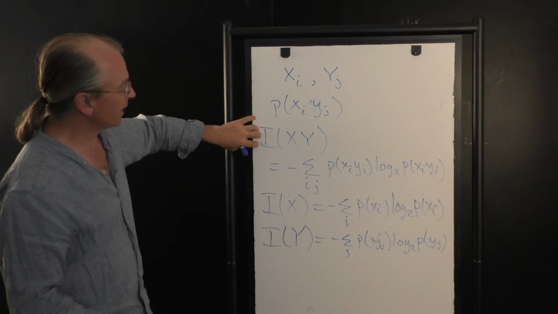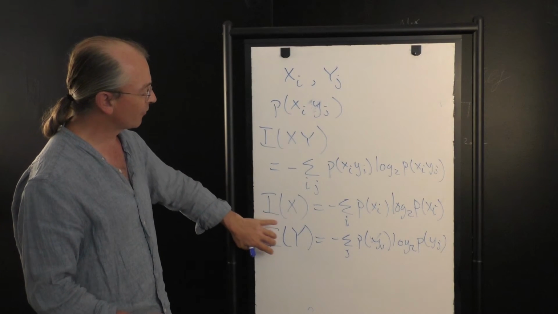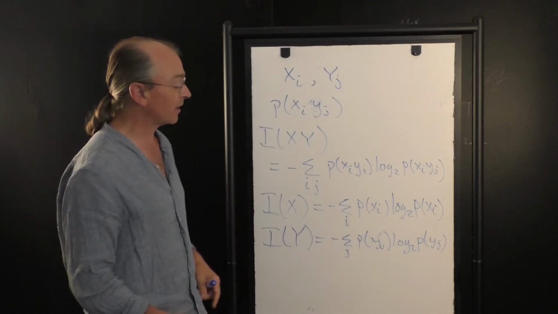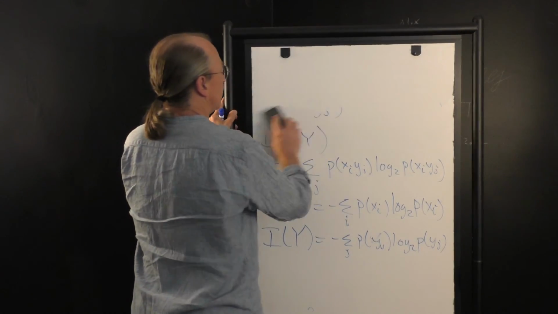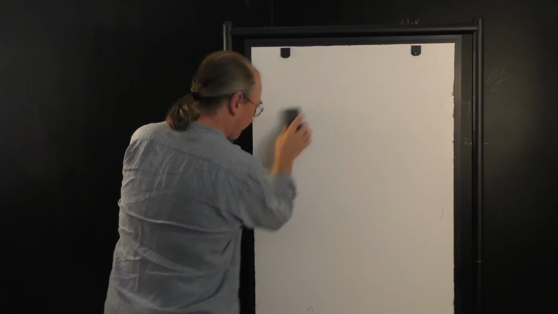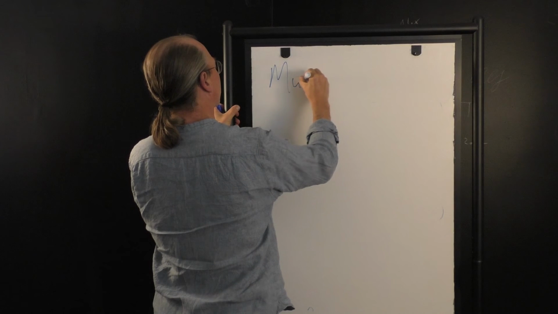So we have joint information constructed out of joint probabilities, marginal informations or informations on the individual variables on their own constructed out of the marginal probabilities. And let me end this little section by defining a very useful quantity which is called the mutual information.